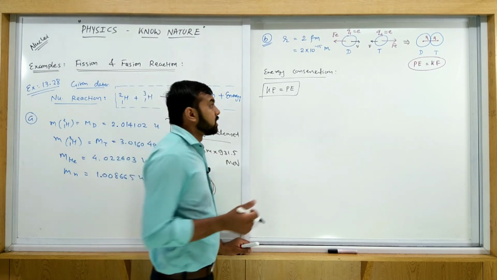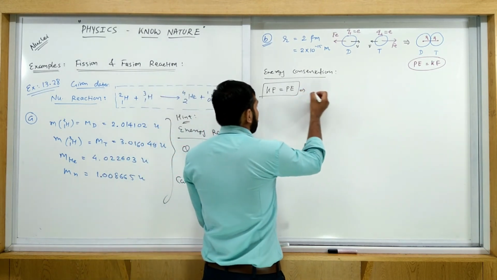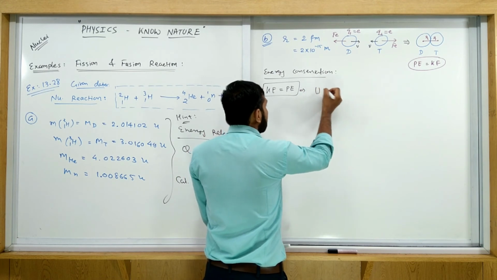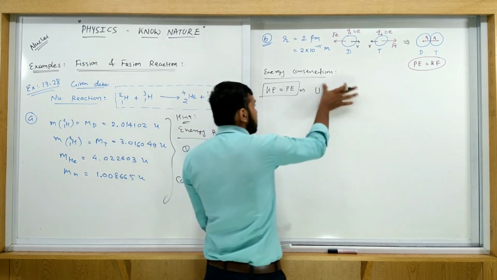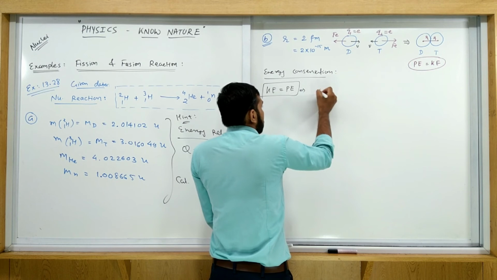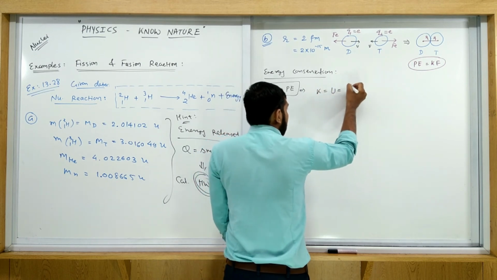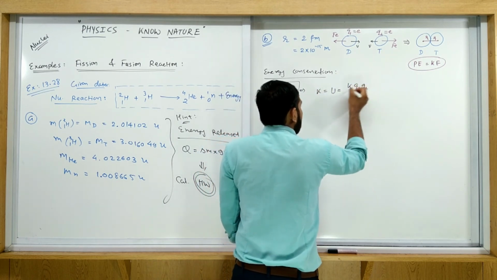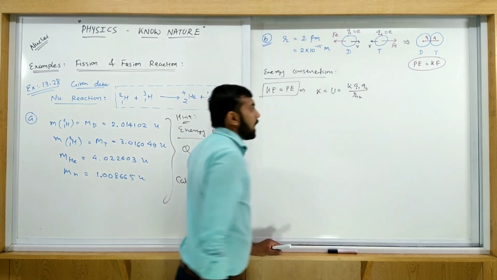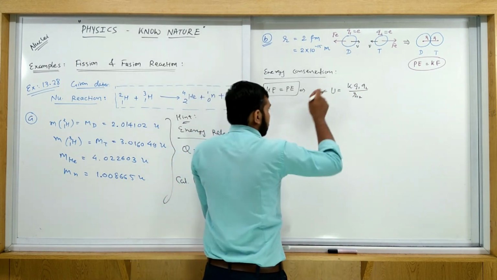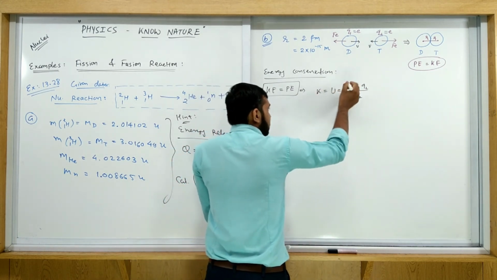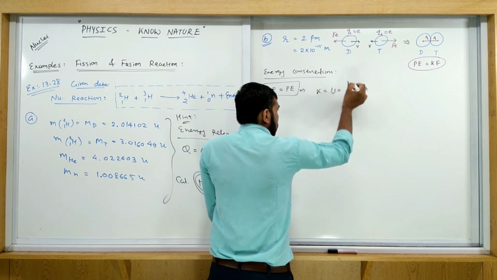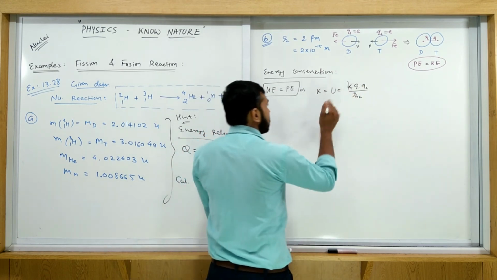So K is equal to U, which is equal to K Q1 Q2 upon R12, where the K on the right is a constant. Let's put in all these values.